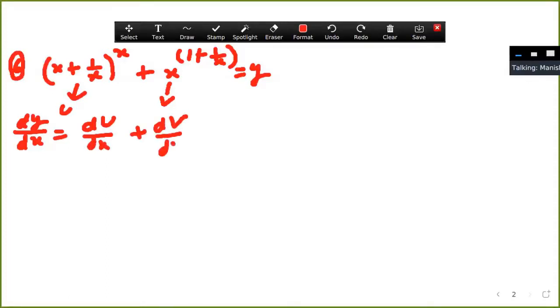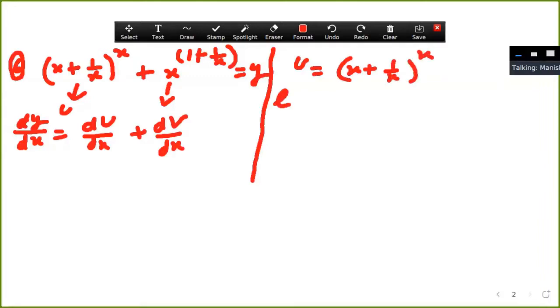Now, the first part you have to do because you have taken u is equal to x plus 1 upon x whole power x. Then by taking log, it becomes log of u is equal to x into log of x plus 1 upon x, like this.